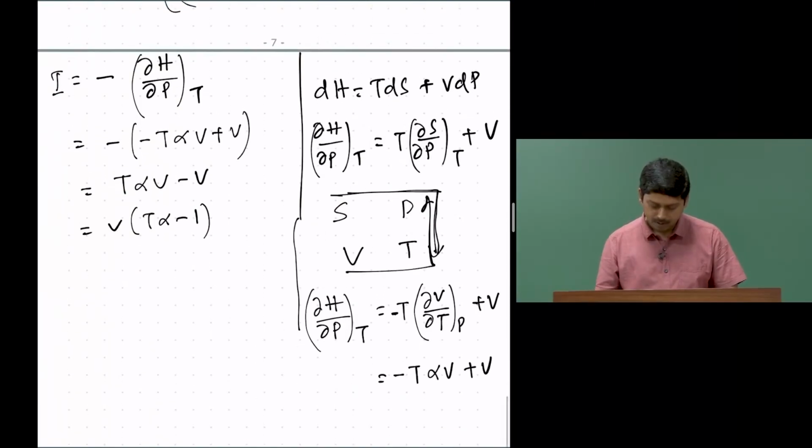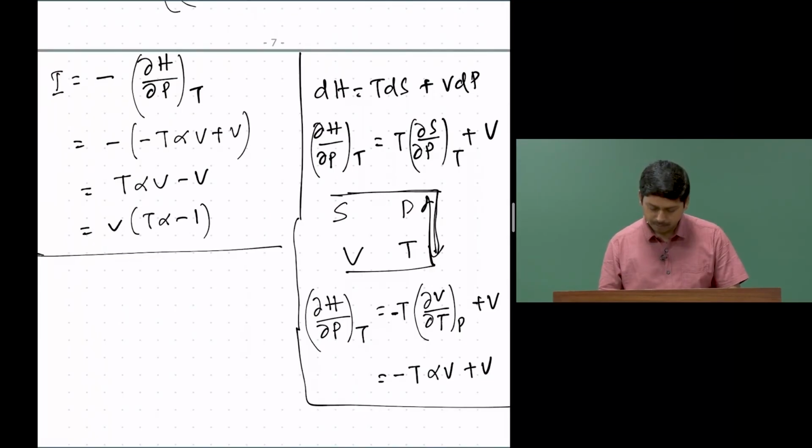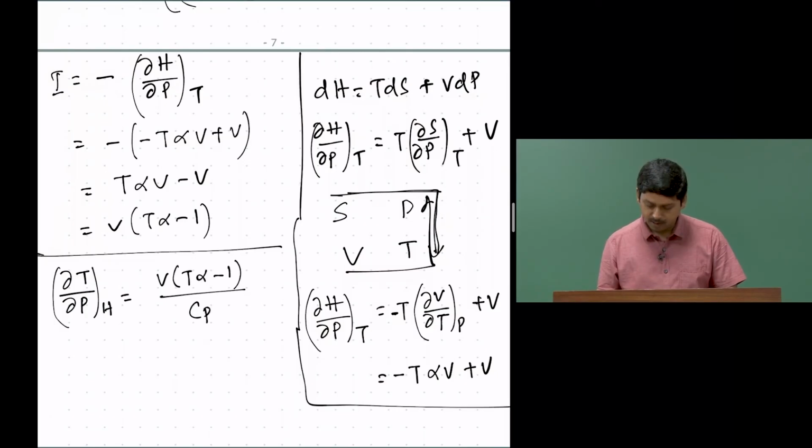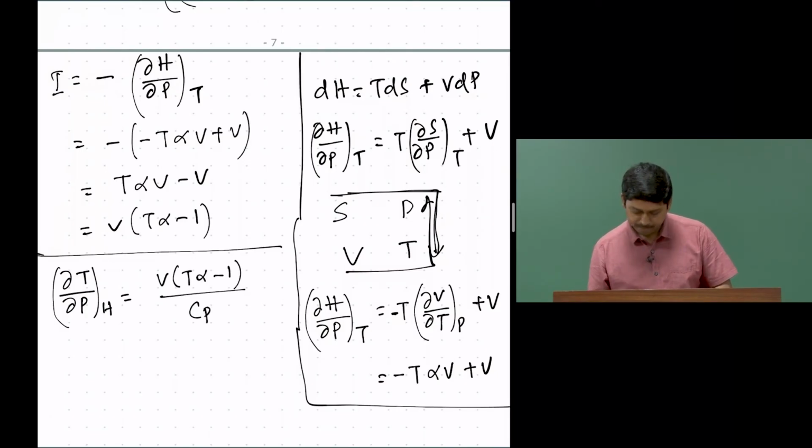Now, we will put together whatever our answer was. The answer that we wanted is del T by del P at a constant H is equal to V times T alpha minus 1, divided by C P. Did we get that?